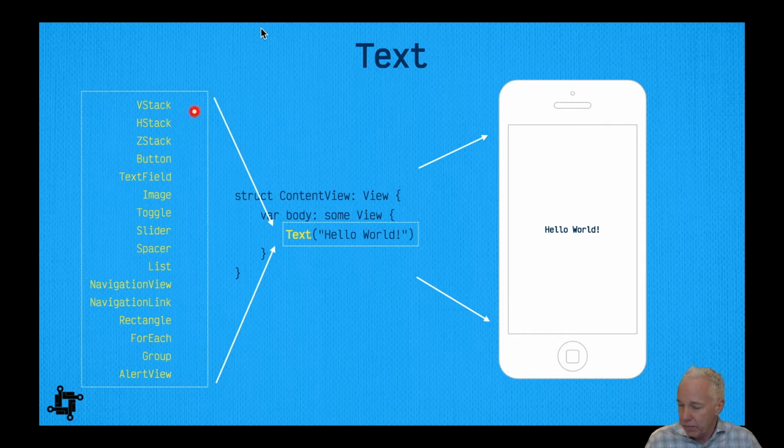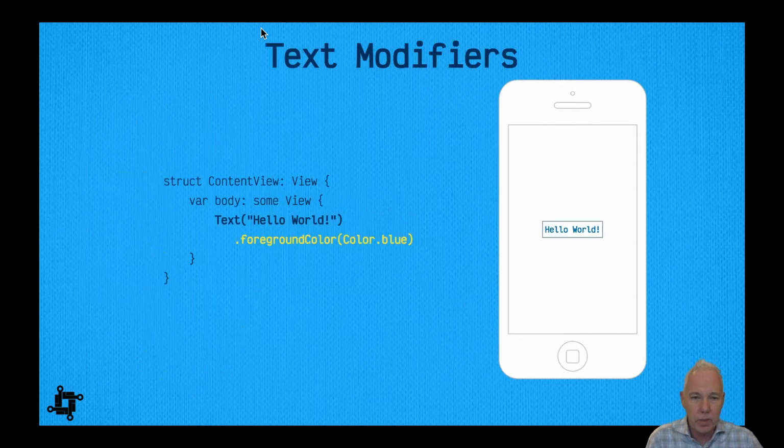But these are some of the fundamental ones. And as you can see right here at the top, V-stack, H-stack, and Z-stack are three views that we'll talk about in this module and are pretty fundamental to building stuff up on your phone. So those would be potentially replacing or wrapping around text, and we'll see how that works when we get to it.